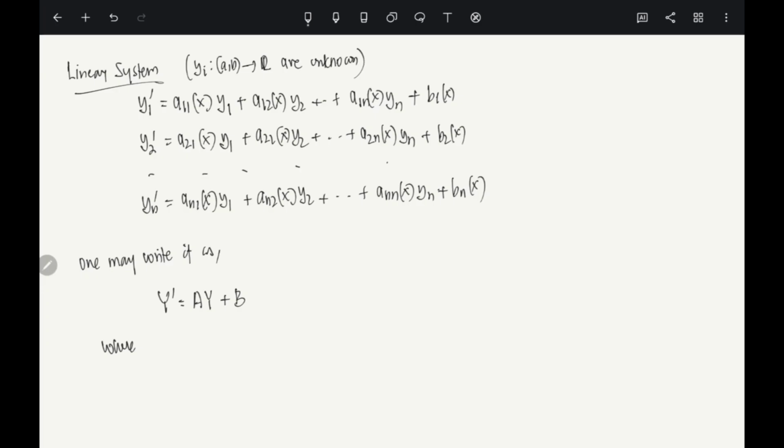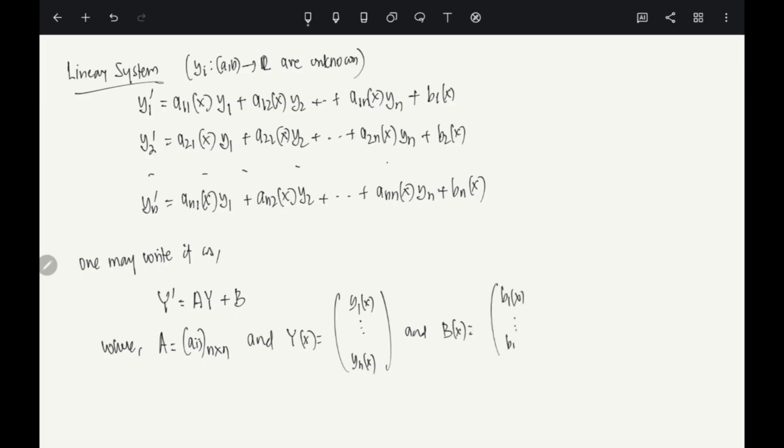If it is non-zero, then we have an inhomogeneous equation. Here A is the matrix aij, an n cross n matrix. And y of x is the vector valued function y1 of x up to yn of x, and b of x is b1 of x up to bn of x. So y is n cross 1 and b is n cross 1.